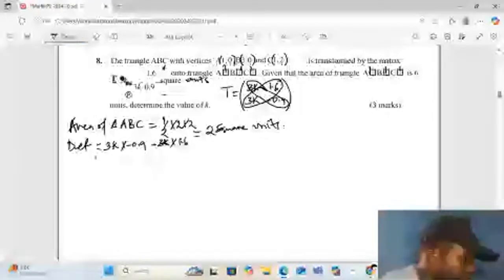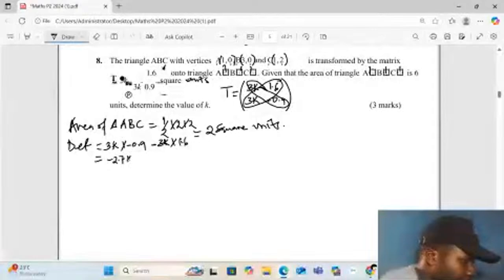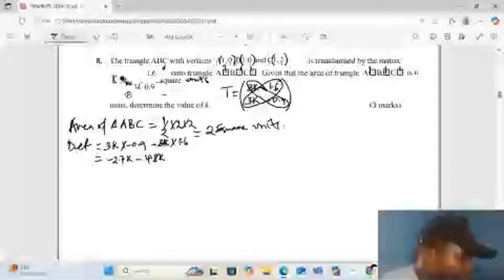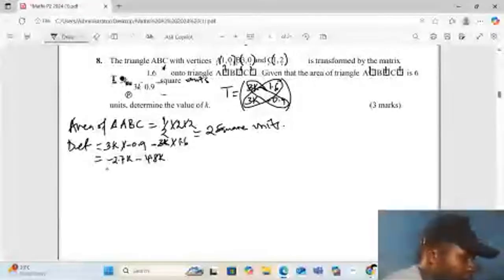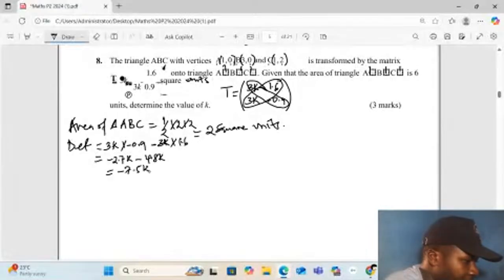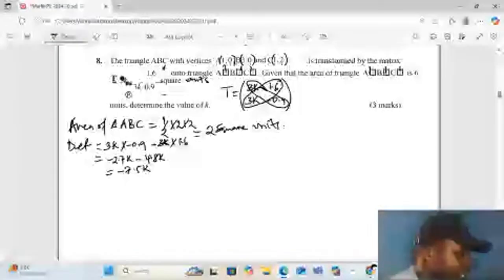So the determinant becomes negative 2.7k minus 4.8k. Then we are going to have our determinant as negative 7.5k. That is now our determinant.